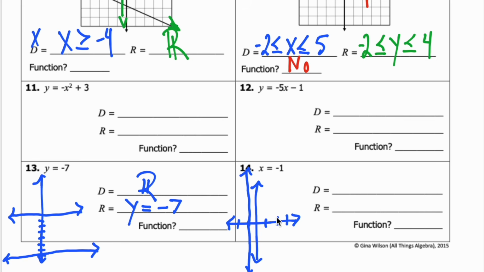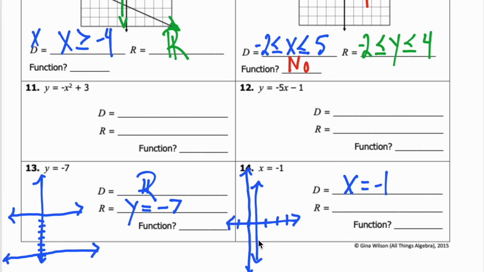And when we look from left to right and we determine our domain, we're asking how far to the left and how far to the right does this graph go? And it doesn't. It just stays at -1. So the domain is going to be x equals -1.